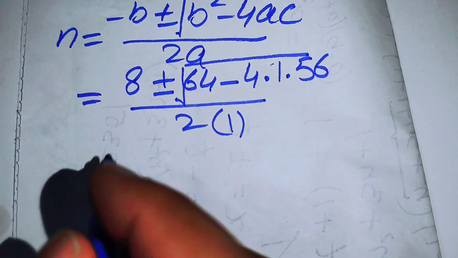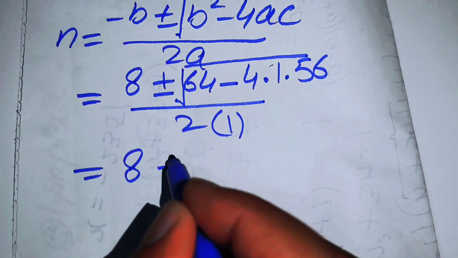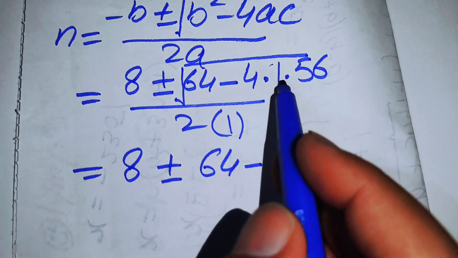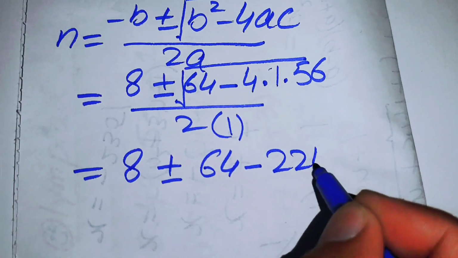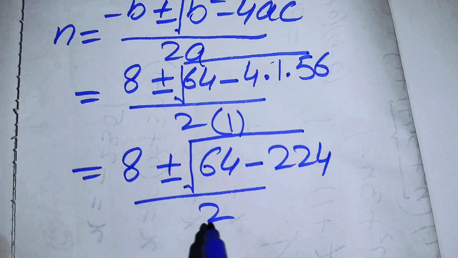And now we can simplify the terms, and you will obtain 8 plus minus the square root of 64 minus 4 times 56, which is 224, over 2.